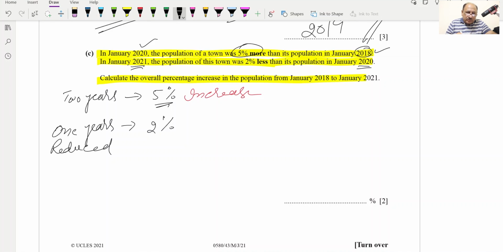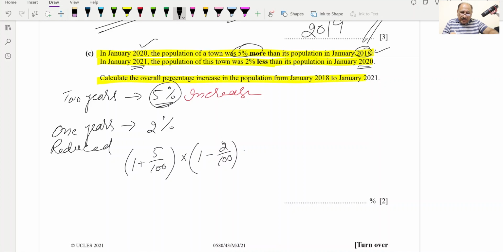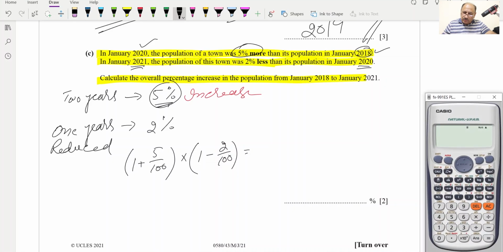Now how will we solve? 1 plus, for this 5% we can write 5 over 100, so this will be 5% increase, and next is reduction, so 1 minus 2% reduction, and this we can calculate, because we need to calculate the percentage change.